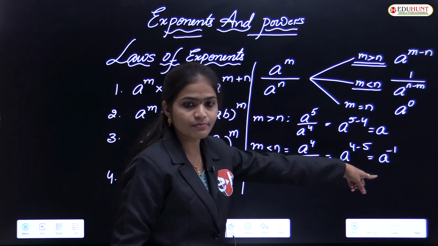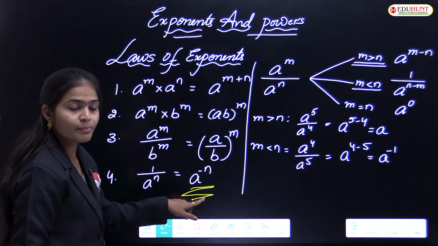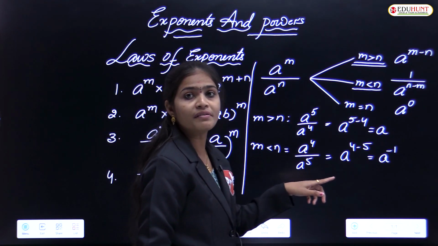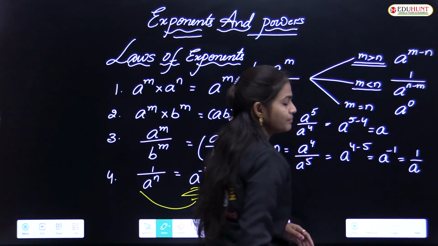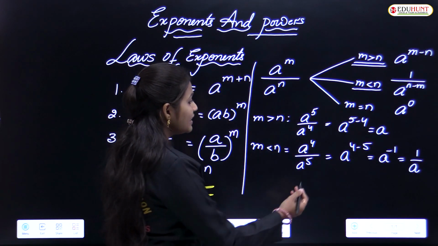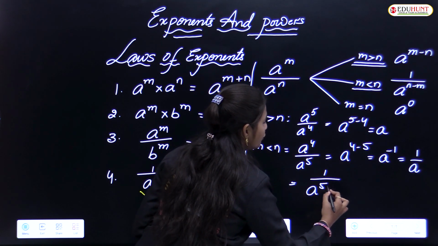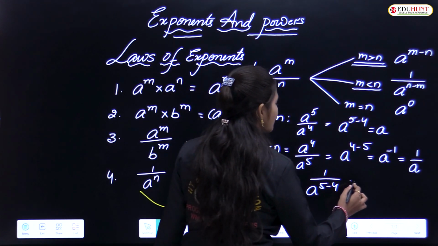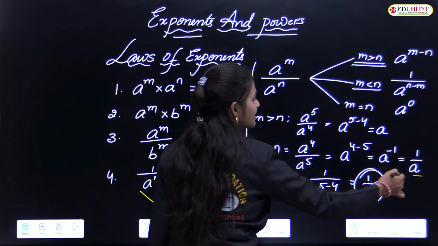A power minus 1 is in the form of a power minus n. How can we write it? 1 by a power n. To write the power as positive, we can write this as 1 by a. Another way, we can take 1 by a power 5 minus 4, which is equal to 1 by a. So here also we get the same result.